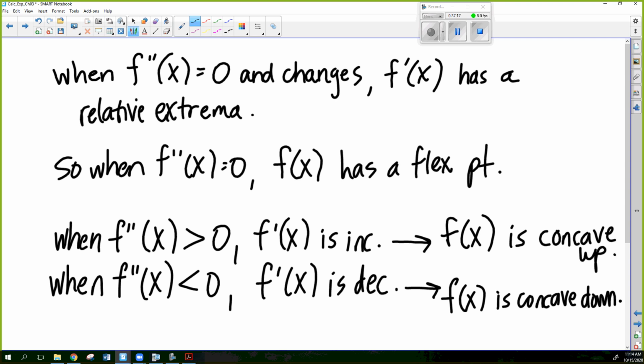So I could actually leave out the middle, and I could say when the second derivative is positive, the original is concave up. And when the second derivative is negative, the original is concave down.